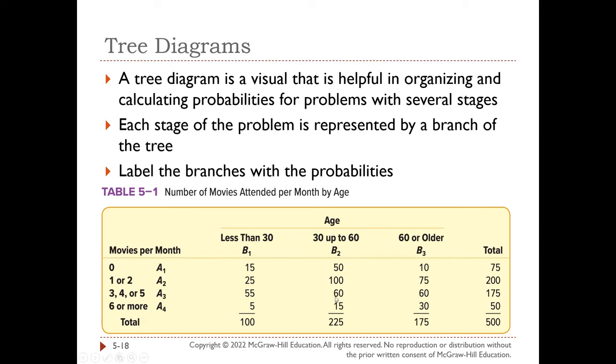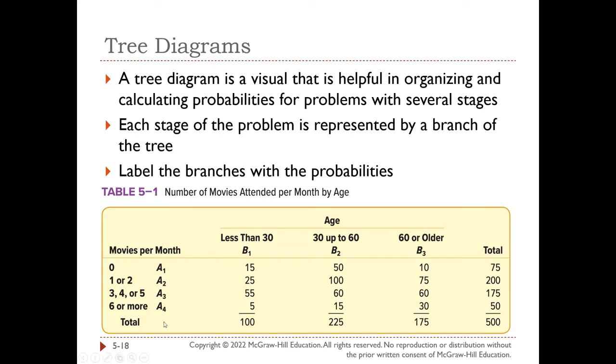Right here on this slide is the contingency table. This is not the tree diagram, you're about to see that. But each stage of the problem is represented by a branch of the tree. We label the branches with the probabilities. So again, we have movies per month, 0, 1 or 2, 3 through 5, or 6 or more.